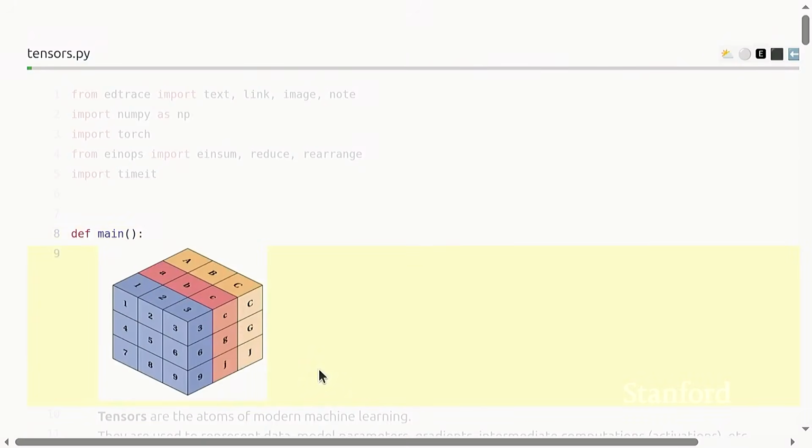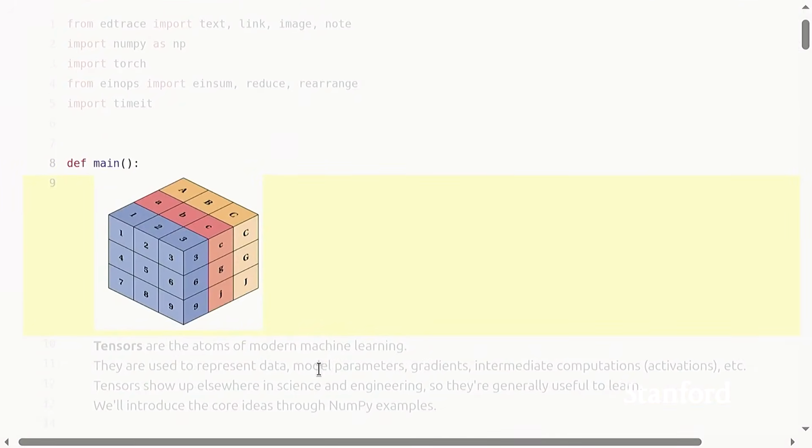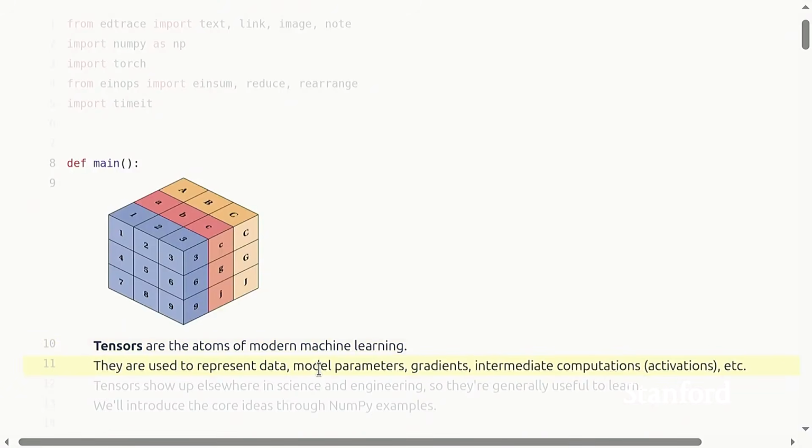Okay, so if you hear the word tensor, you probably think of something that looks like this. So tensors are what I think of as atoms of modern machine learning. So they're used to represent data, model parameters, gradients, intermediate computations like activations of deep neural networks, and basically anything. So everything that we are probably going to touch can be thought of as some sort of tensor.